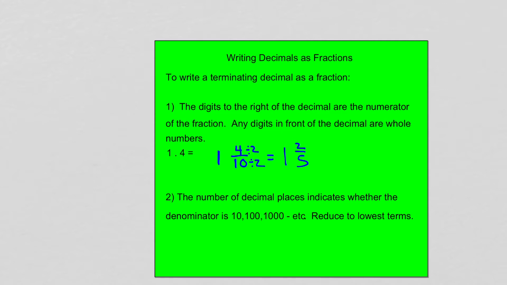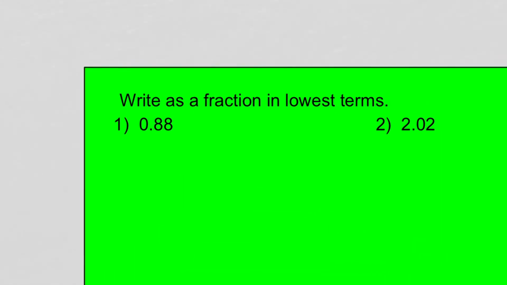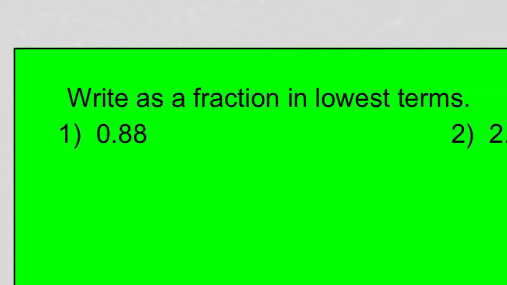Let's do some more examples. The instructions here say write as a fraction in lowest terms. Number 1, we have 88 hundredths. We have 2 digits behind the decimal, so those 2 digits become the numerator of the fraction.